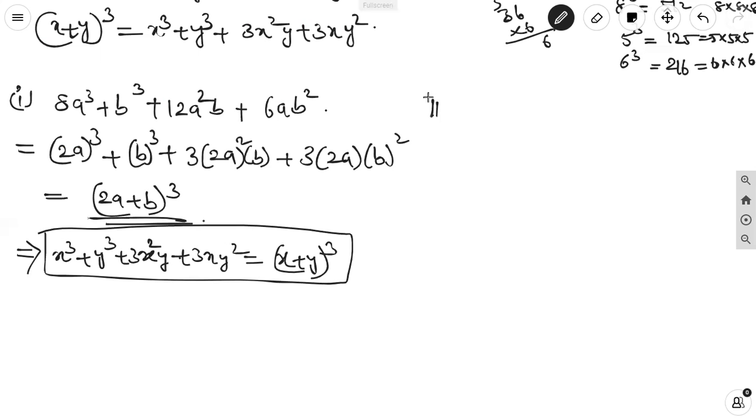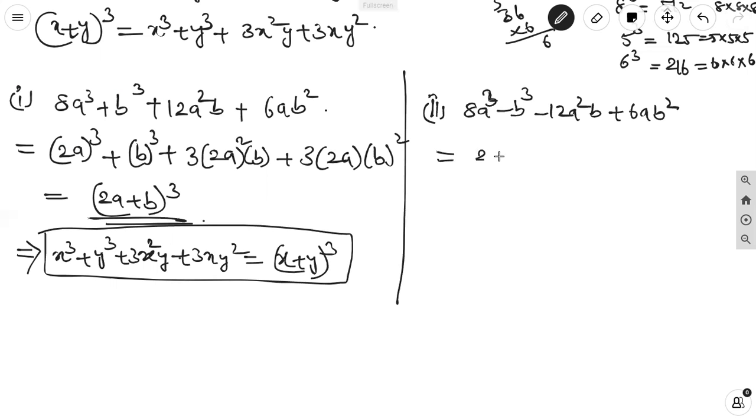The second problem: 8a cube minus b cube minus 12a square b plus 6ab square. It is similar to that only. It is equal to 2a whole cube minus b cube minus 3 into 2a square into b plus 3 into 2a into b square.